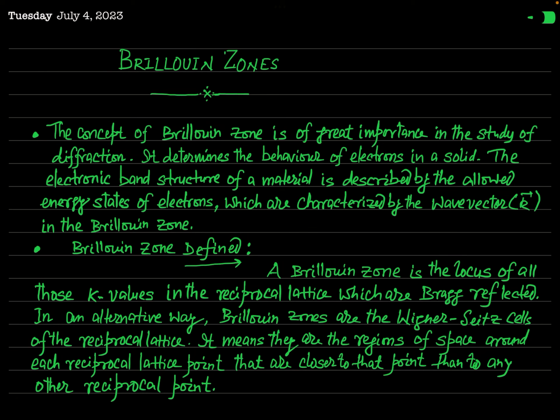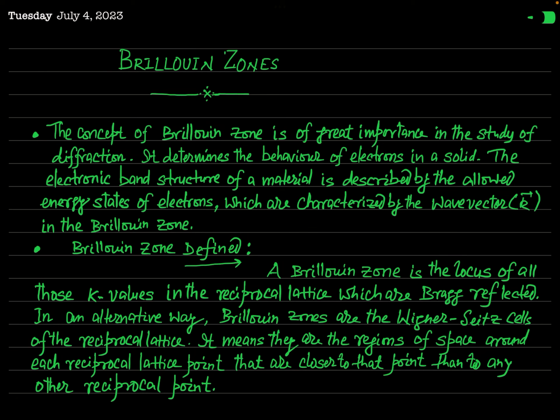Actually, the Brillouin zone concept arises from the periodicity of the crystal lattice in real space. You know, when the crystal potential is Fourier transformed into reciprocal space, it creates a periodic array of points which are called the reciprocal lattice.